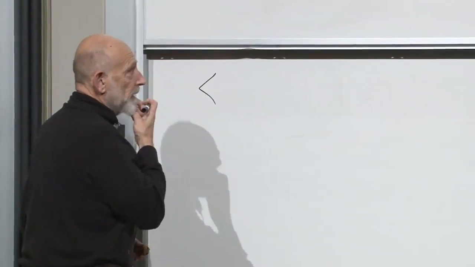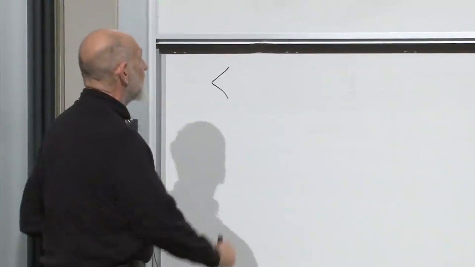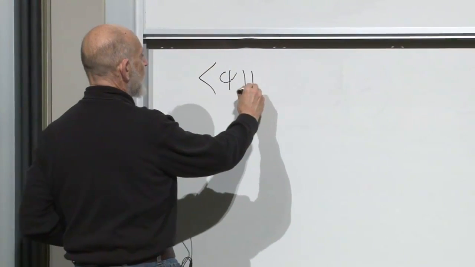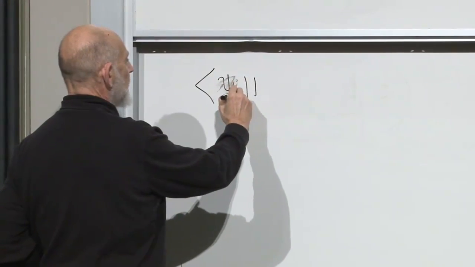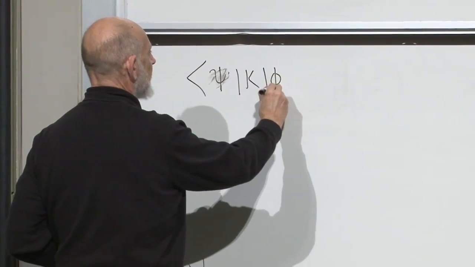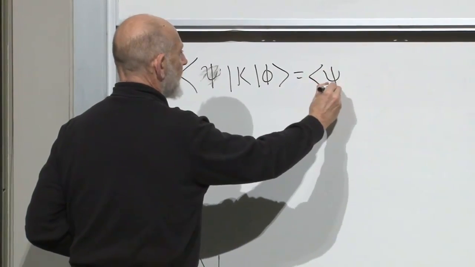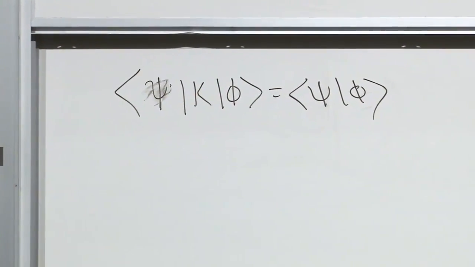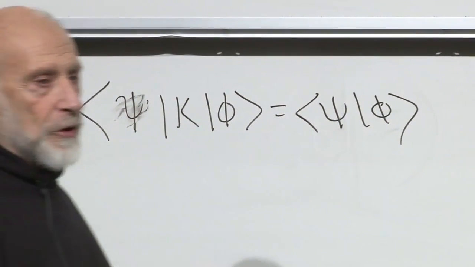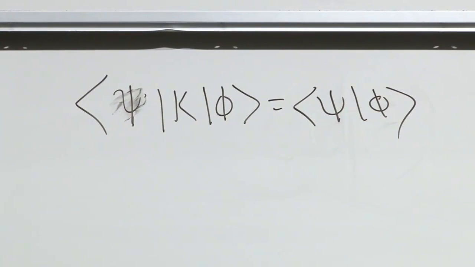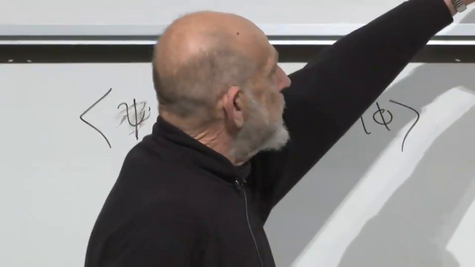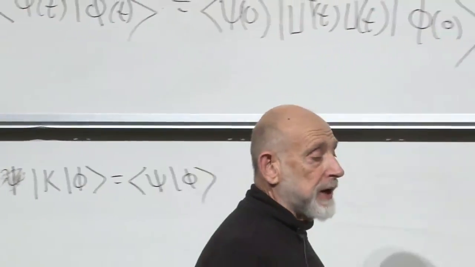If you have an operator, let's call it K for U dagger U, and for any pair of vectors, psi K phi is equal to psi phi for any pair of vectors, whatever, it follows that K is the unit operator. The unit operator is the operator which does nothing, just gives you back the same vector. So it follows then that U dagger times U must be the unit operator.